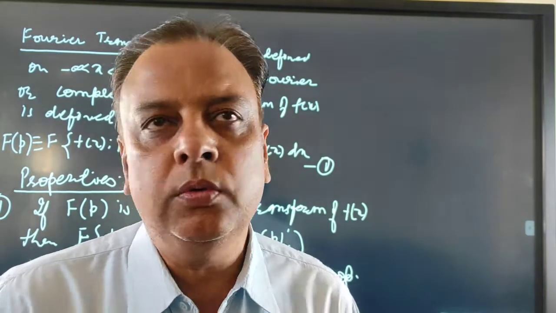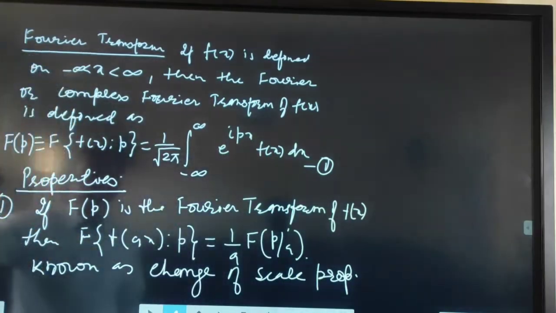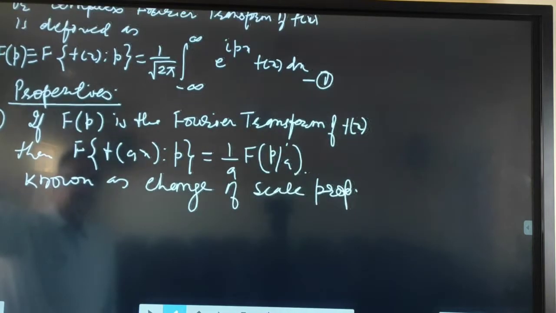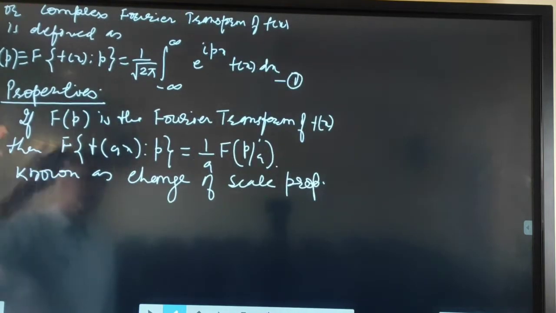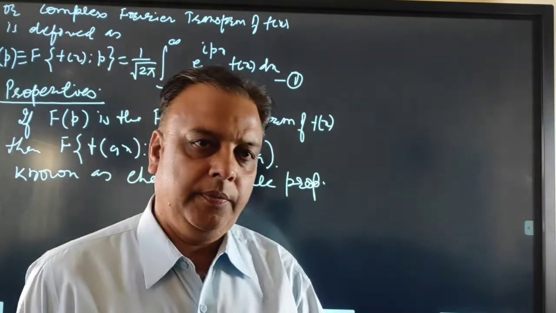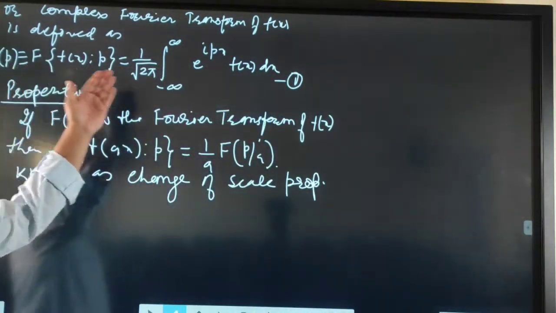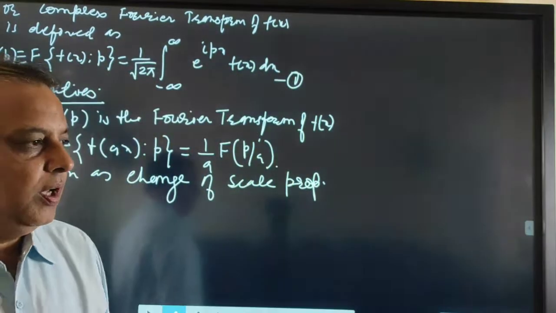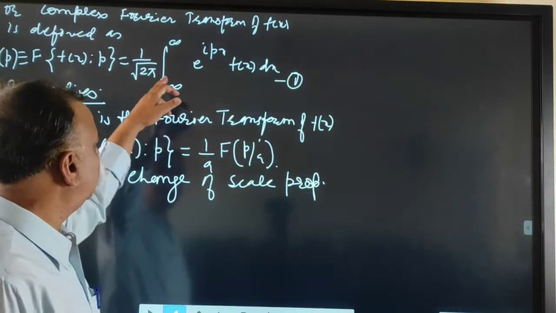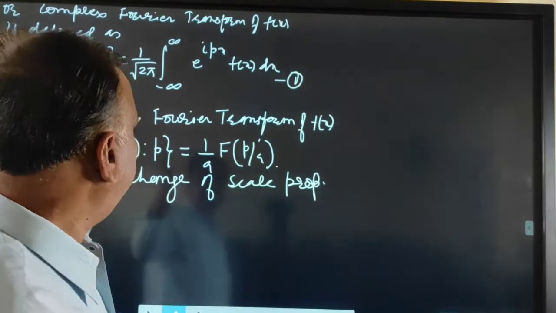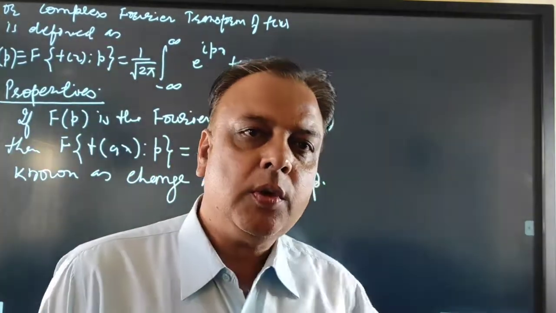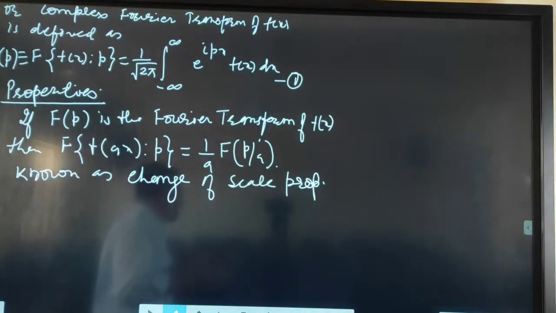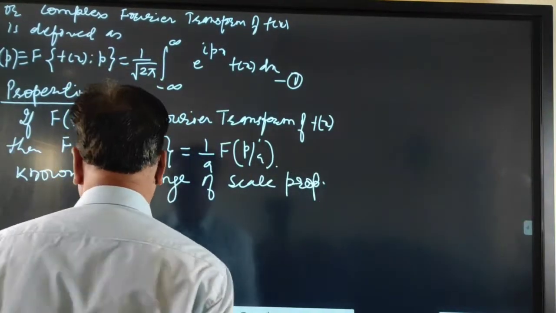So we have to prove the change of scale property, that the Fourier transformation of f(ax) is equal to 1 upon a F of p upon a. As we have defined the Fourier transformation of f(x) as F(p) by the equation first, then we have to find the Fourier transformation of f(ax), which is known as the change of scale property.